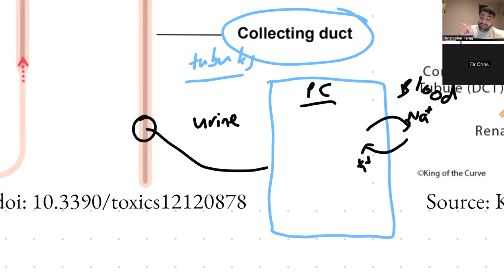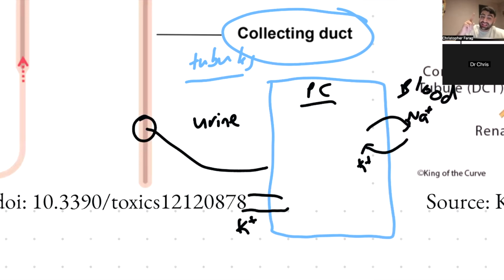If the sodium potassium ATPase pump keeps working, then we're going to have a buildup of potassium inside the cell, which creates a strong concentration gradient, which will then allow potassium to leave via the potassium efflux channel over here. So, aldosterone, sodium potassium ATPase overdrive, potassium building up in the cell, creates a concentration gradient, sends it into the urine, and off it goes.